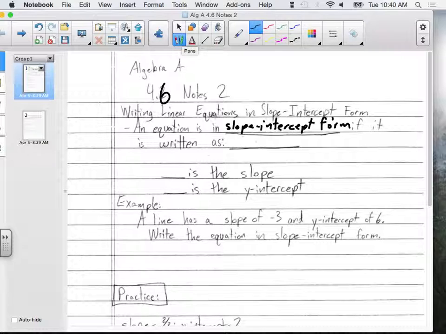So if it's in slope-intercept form, it is written as y equals mx plus b. This is just a standard form for it. So m is our slope and b is our y-intercept.